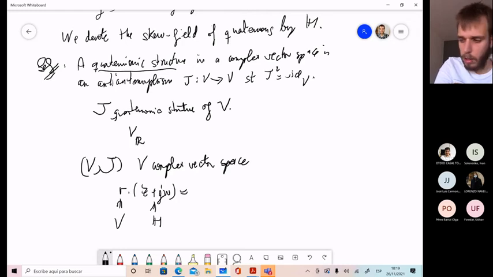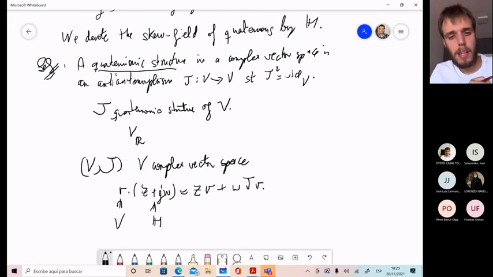So how do you define this? Well, you set v times z as the complex multiplication. Is this right? Let me check. Yeah, it's right, because multiplication here is commutative. And now you do w J v. Okay, so that's how you define the quaternionic multiplication on this complex vector space.